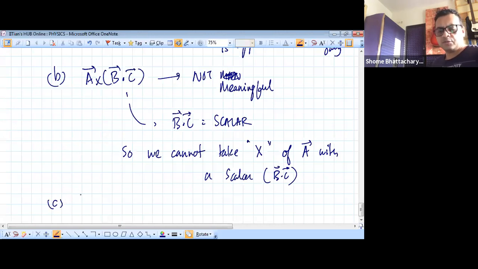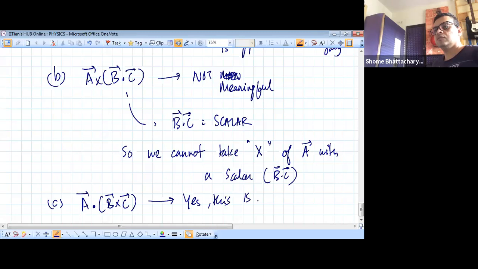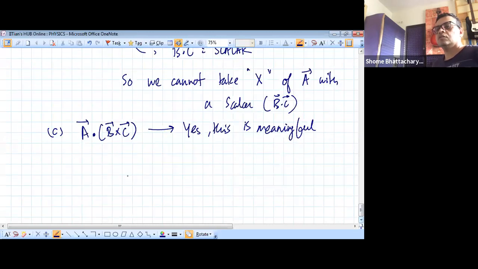If you look at e dot (b cross c), yes, this is meaningful, because b cross c is a vector quantity.